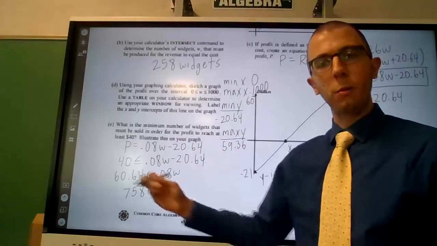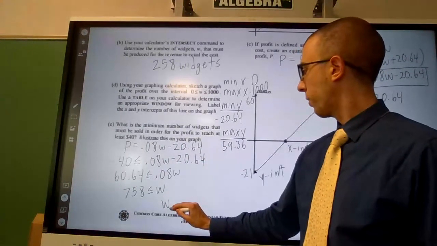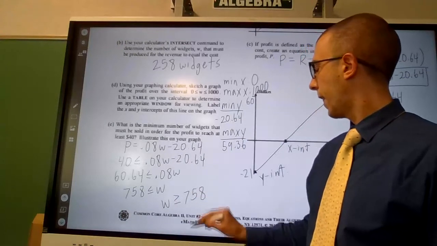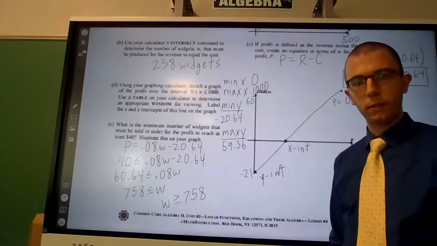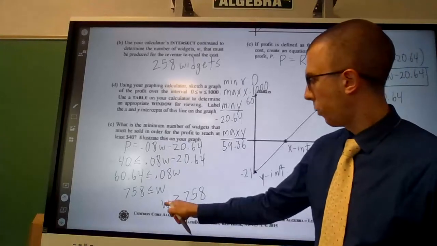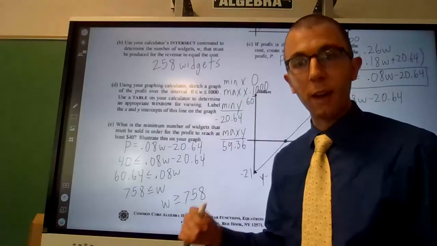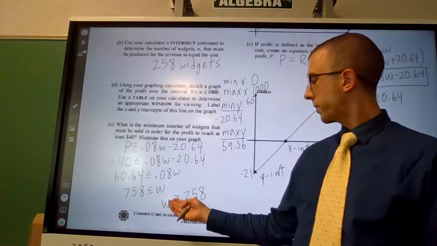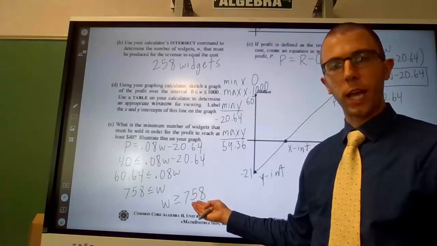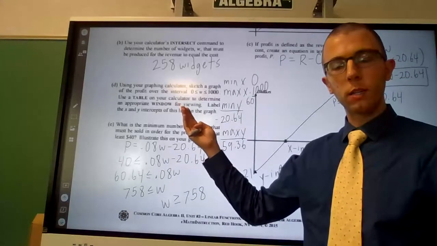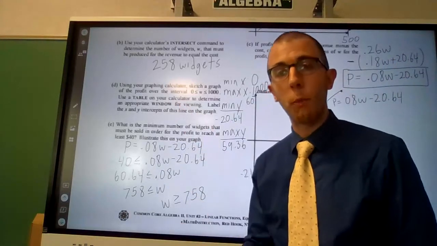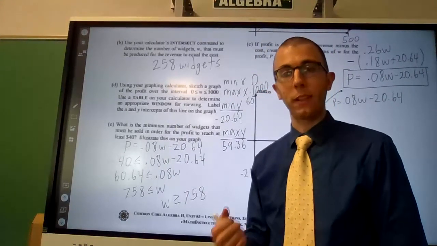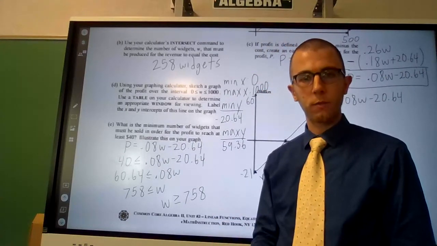I like to write my variable on the left. So the widgets are greater than or equal to 758. So if the widgets are equal to 758, that would be the minimum number of widgets. This is saying the widgets have to be at least 758 or more. 758 or more widgets will get the profit to be at least $40.